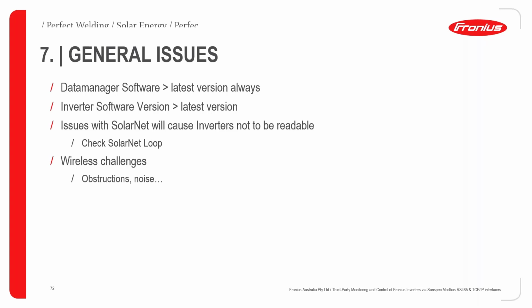If you can pull data from, let's say, a meter, or you get a general response from the data manager but not from the inverters, there may be a physical situation going on between inverters. If you do implement wireless, there are additional challenges: how is the noise on the line, noise in the air, or noise in the receiver going to be, and any obstructions you may have.